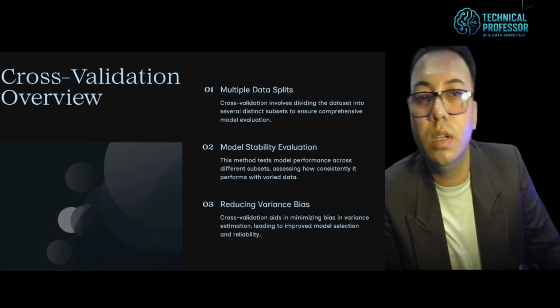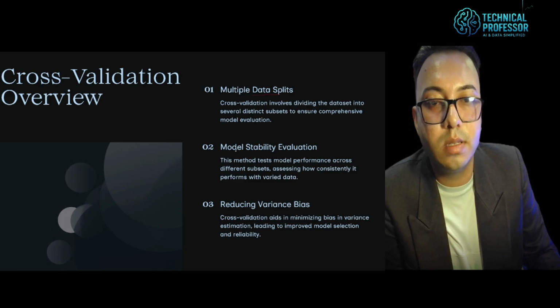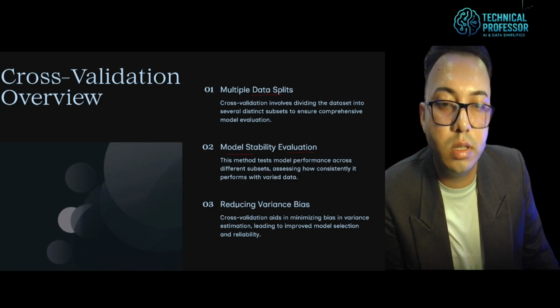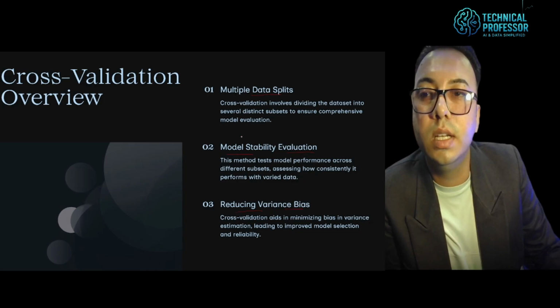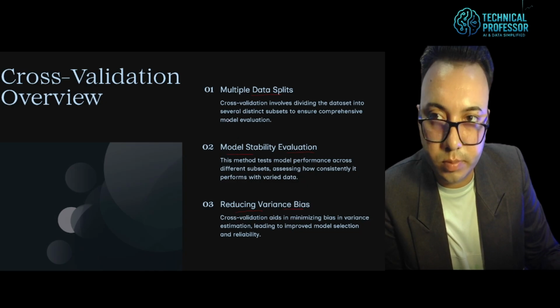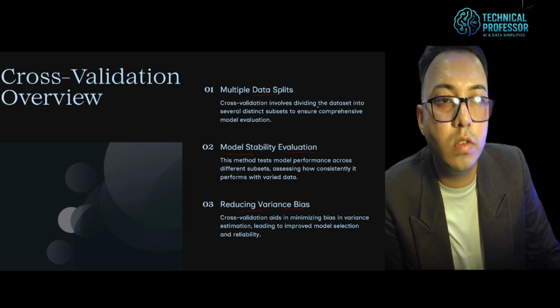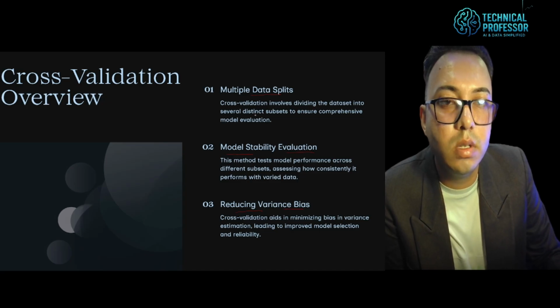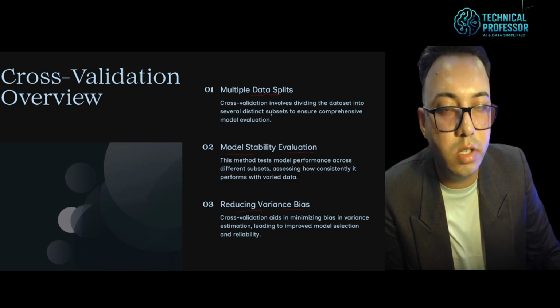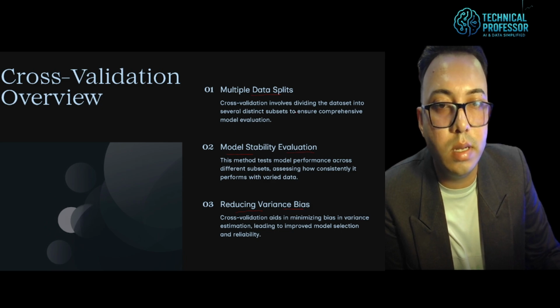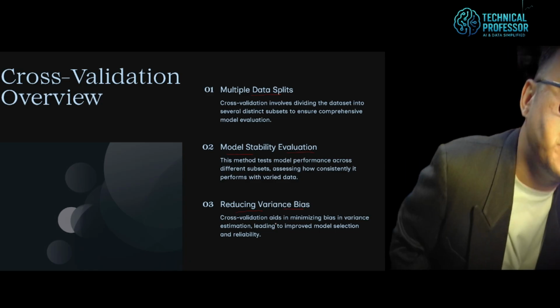Cross validation overview. First one is multiple data splits, model stability evaluation, reducing variance and bias. Cross validation involves dividing the data set into several distinct subsets to ensure comprehensive model evaluation.